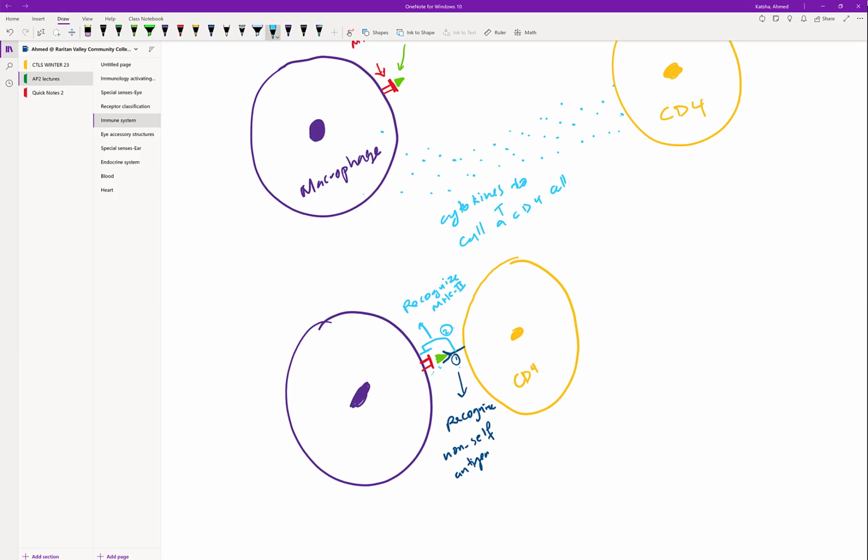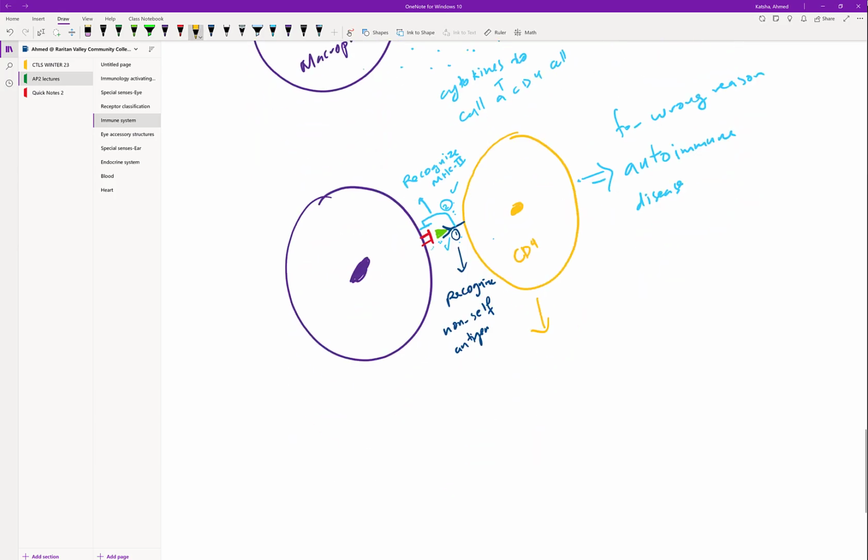Think of it, activation is a very serious business, so we cannot have mistakes. It is serious because if the CD4 gets activated for the wrong reason, this might mean autoimmune disease. So both of them, both 1 and 2, need to be checked before the CD4 gets activated. Once the CD4 recognizes that this is non-self antigen and that it is displayed on the correct holder or correct complex, then the CD4 will turn into a T helper cell.